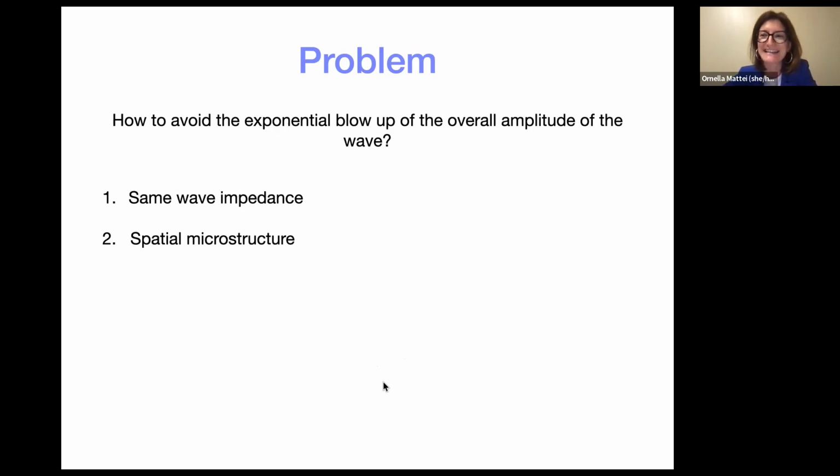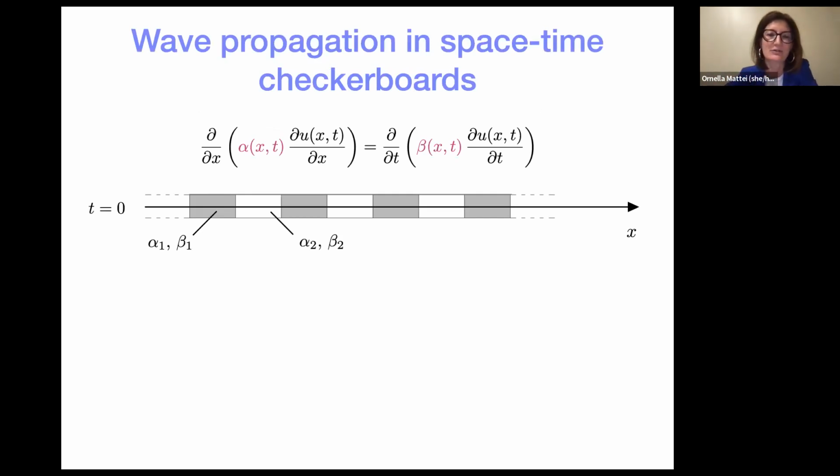But actually, the starting point to answer this question goes back to my work with Graham Milton. Back then, even though we were trying to solve a different problem, we did find some very special microstructures for which the wave propagates without increasing in amplitude. So let me show you some examples.